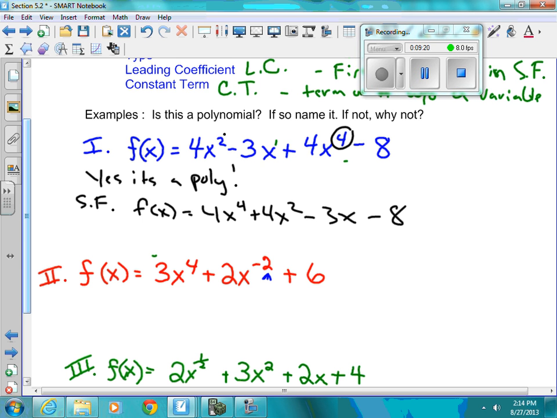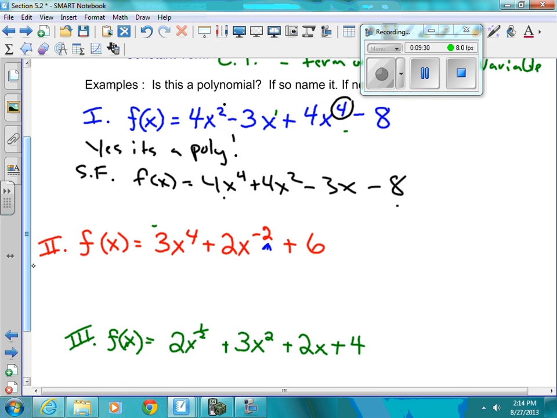This would be standard form, highest power down to the constant. Now, our constant: the only term without a variable is the negative 8. So our constant is negative 8.